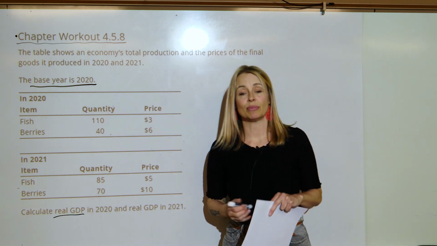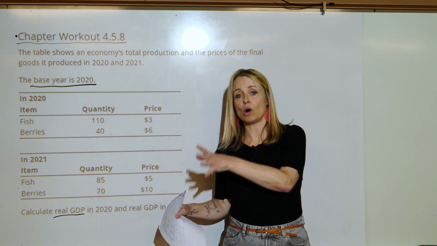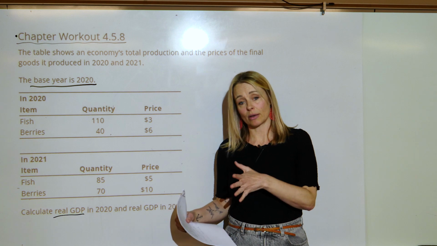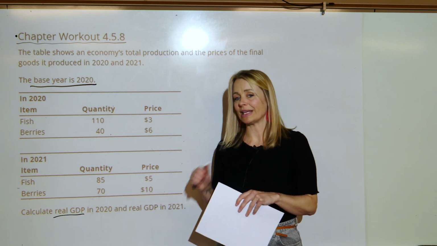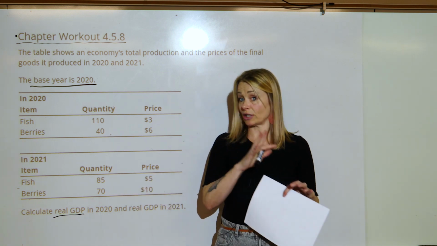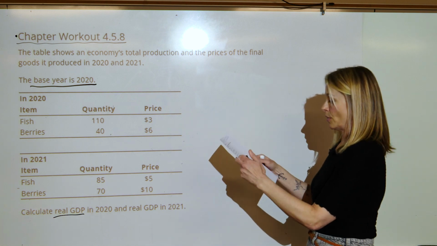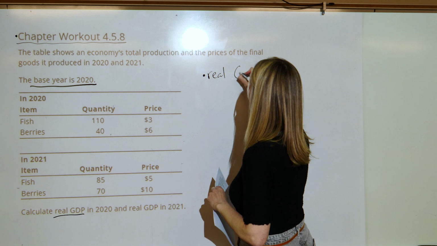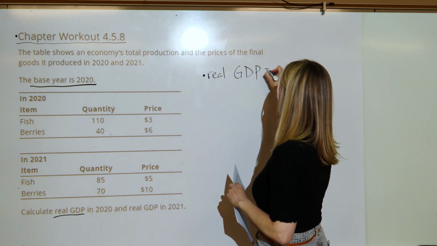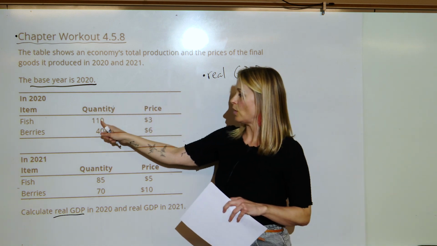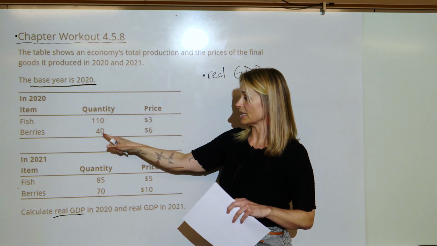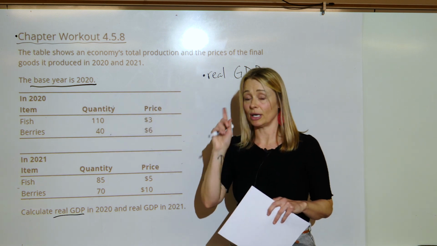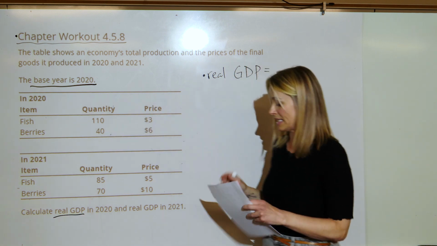Real GDP means we're going to use the same old prices every year so we can compare. So for real GDP, we keep the prices constant and we just look at the different quantities. The formula: we take every quantity times the price, add up the next quantity times that price, but we do it all in the price of the base year.